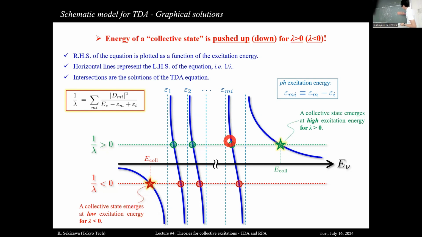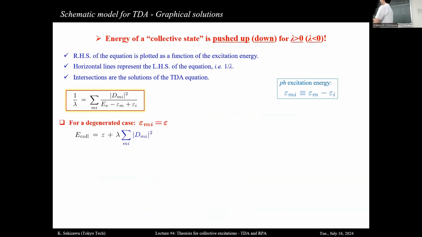So it may correspond to some excitation from one state to an upper level. There are several states here, and we consider excitation to this single state. So this is a simplified assumption. Here we can put epsilon_m minus epsilon_i to be some single value epsilon. So this energy is epsilon.